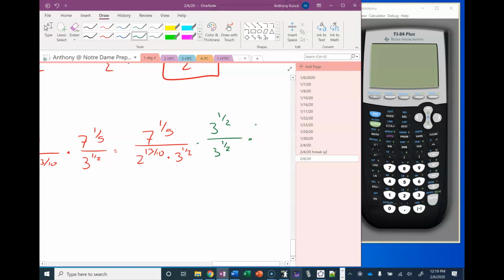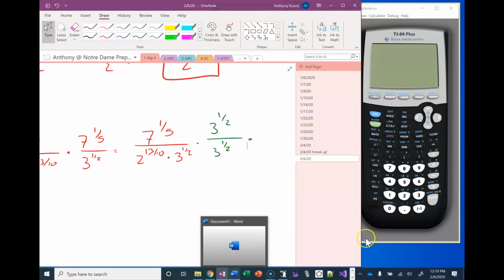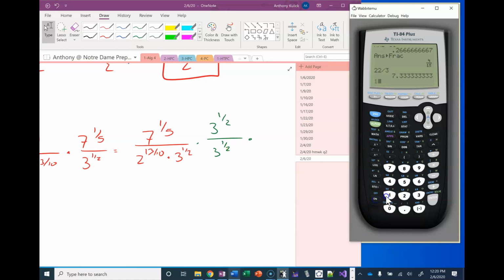What's the next whole number after 13/10? Well, 13/10 is 1.3. So the next whole number after 1.3 is 2. Okay, so how many tenths do I need to add to 13/10 to get 2? 7/10. Everybody agree with that?